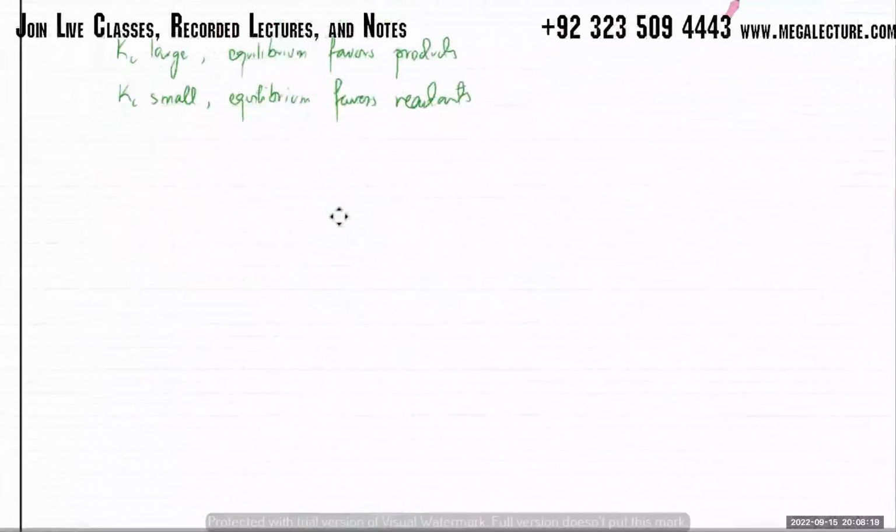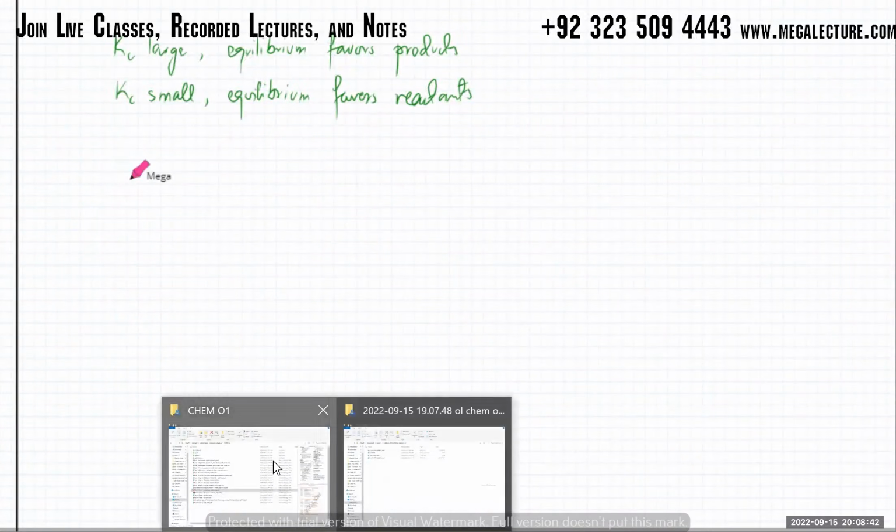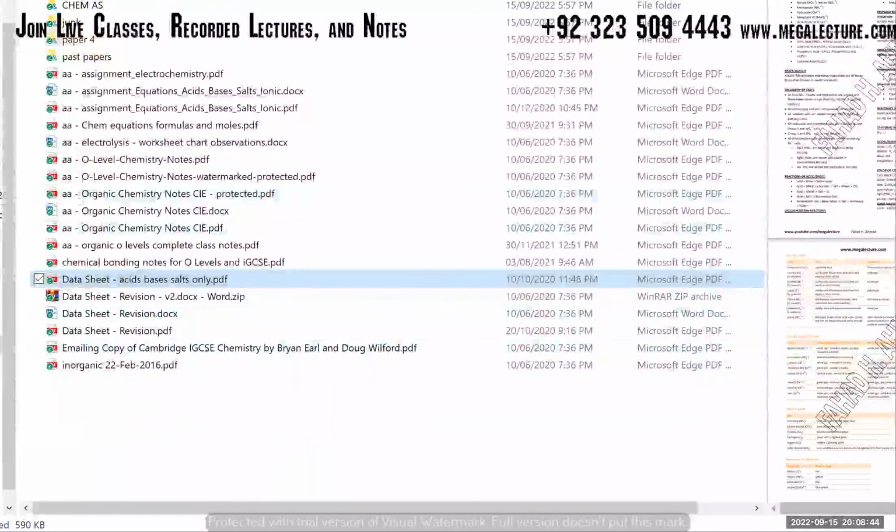So let's write an expression for just another equation. Okay, I've got a reversible reaction, and what is that reaction? Just a second. We had just seen it here. Let me open the sheet as well.